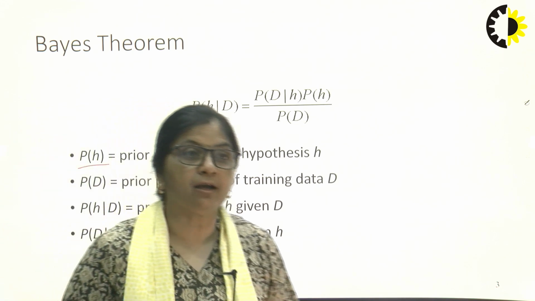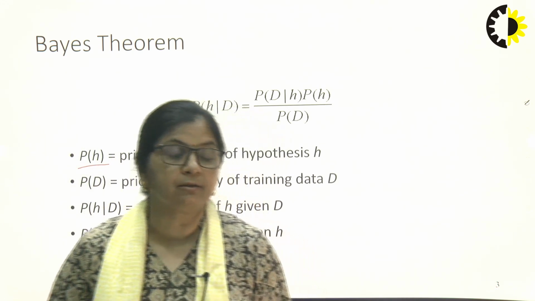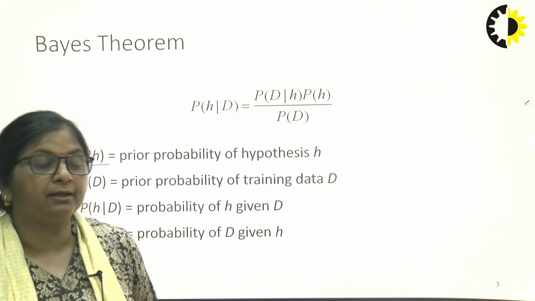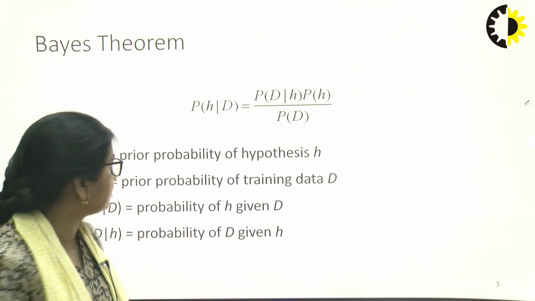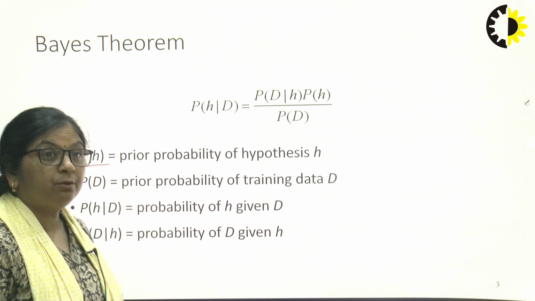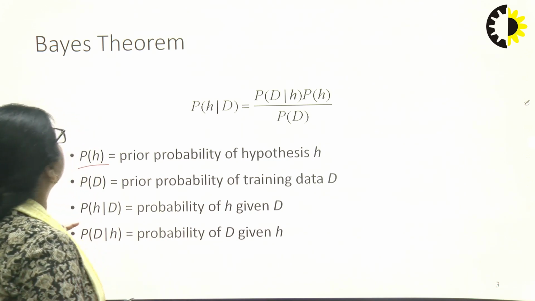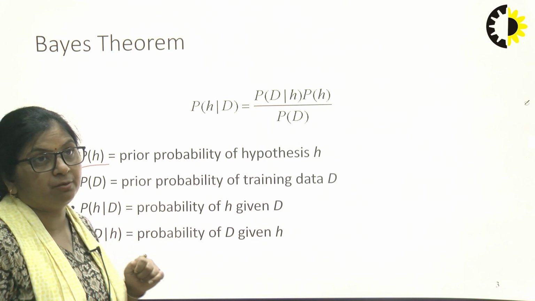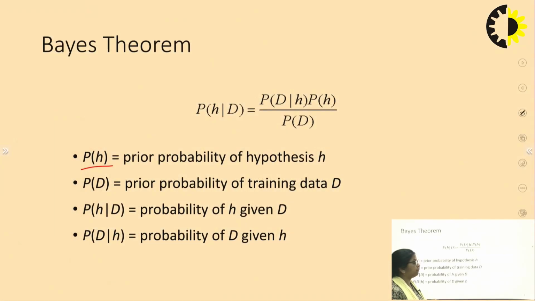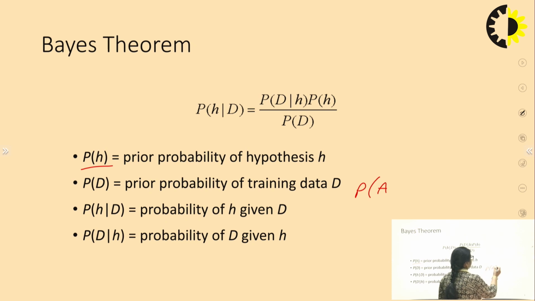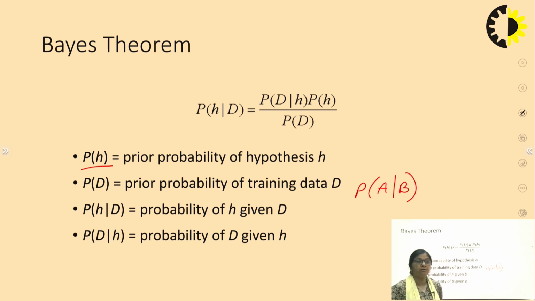In the same way, we can have the prior probability of the observation of the data, that is, what type of data we observe. Now what we talk about in Bayes theorem is conditional probability. What is conditional probability? If I have an event A and it happens after the occurrence of another event B, it is the probability of A when B has happened.